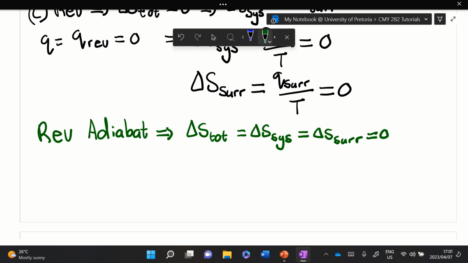So for any adiabatic change, the surrounding is always 0. Actually, I should make that more clear: for the surroundings, any adiabatic change, it's 0. The total entropy change, any reversible change, it's always 0. The system is only 0 when it's a reversible and an adiabatic change.